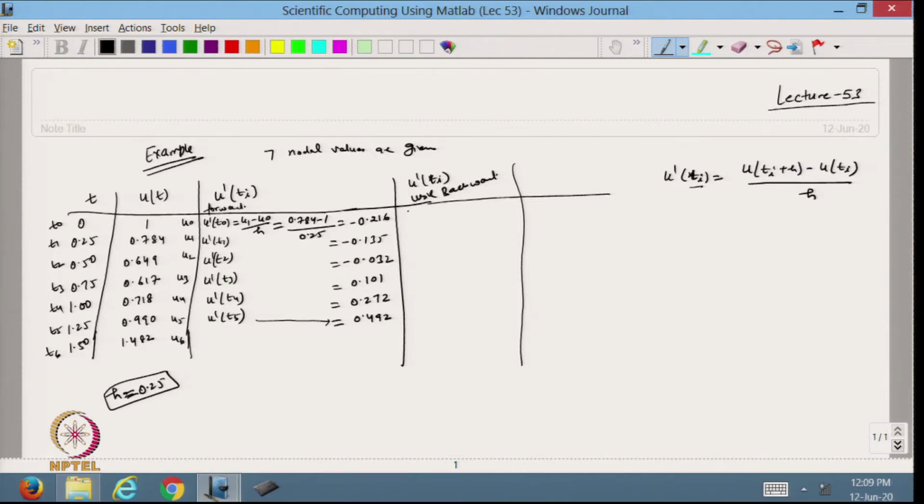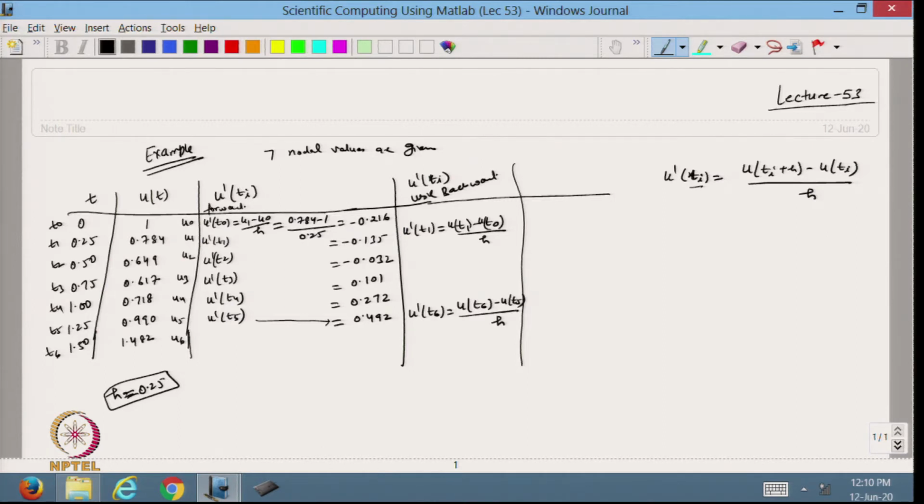For the backward, I will start from u dash at t1, because for u dash at t1 I am taking t1 and going back by h: u at t1 minus u at t0, divided by h. So that is the backward. In this case I can go up to u dash at t6, which will be u at t6 minus u at t5 divided by h.